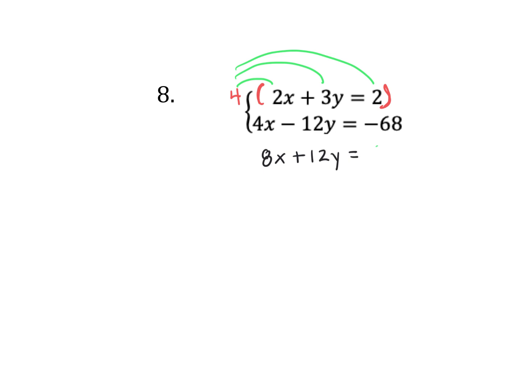I'm going to put my 8 right here. Okay, so I rewrote this one, and now I'm just going to write the other one under it. So I have 4x minus 12y equals negative 68.